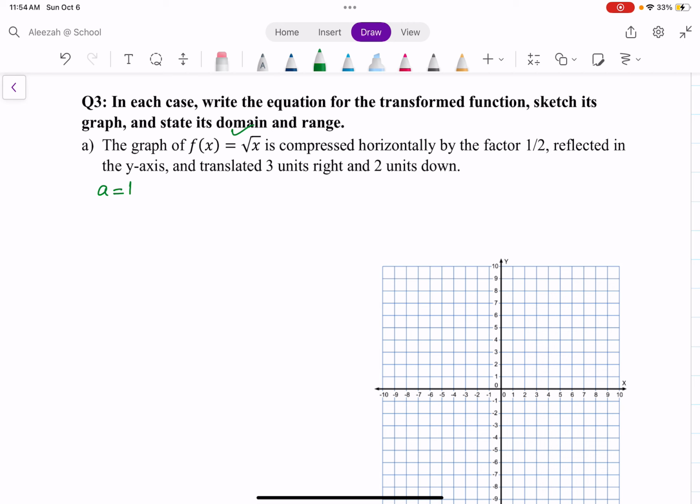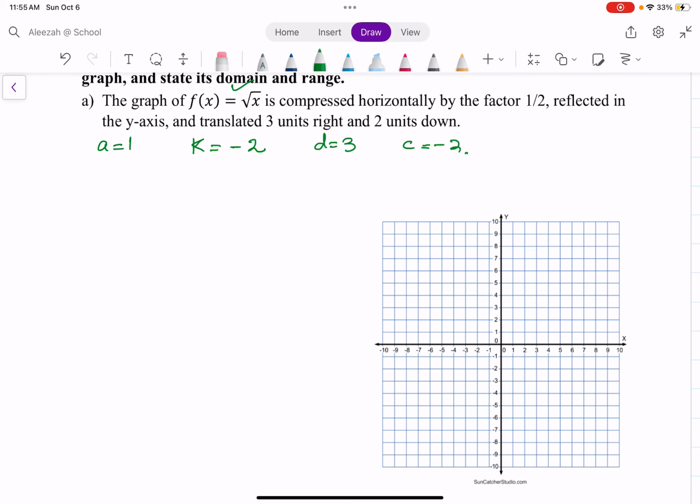It means a is 1 and k is compressed horizontally by a factor of 1/2, so it means k is 2. Reflected on y-axis, it means k is negative 2. Translated 3 units right, so it means d equals 3, and 2 units down means c equals negative 2, right? Okay, now I know the key points for my parent function. So first I write the key points of the parent function.